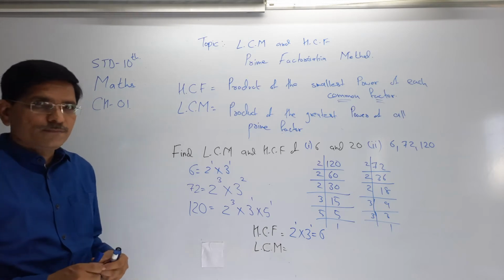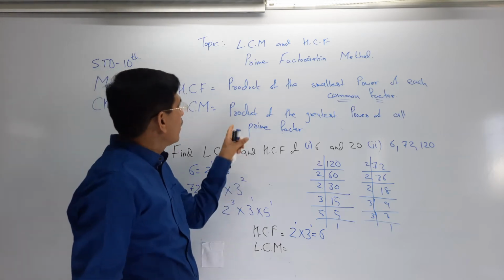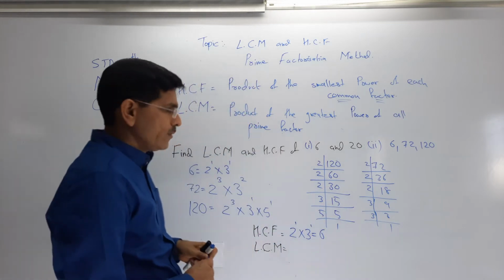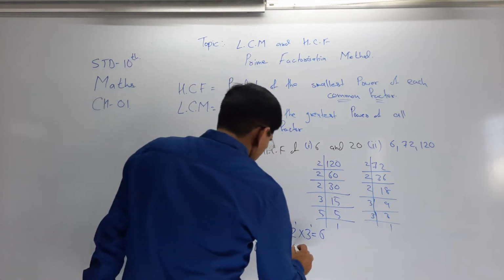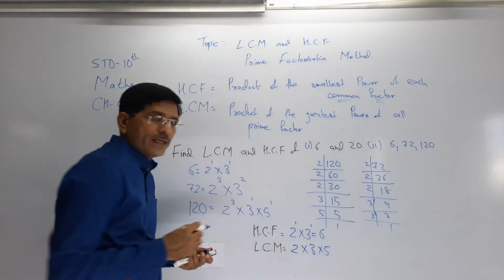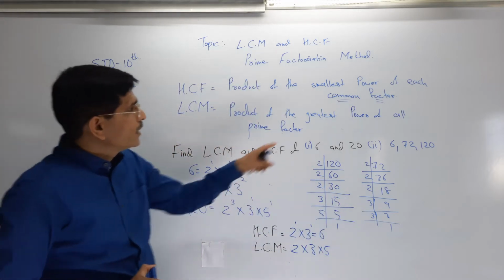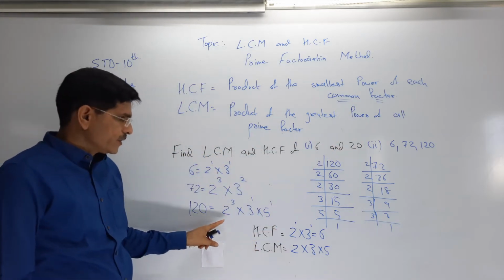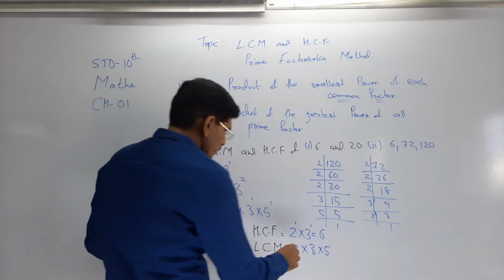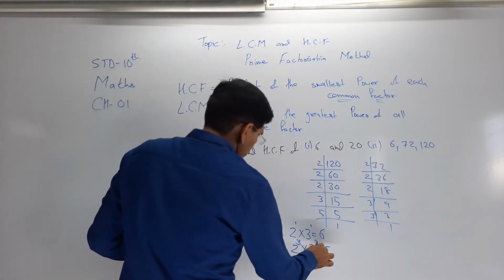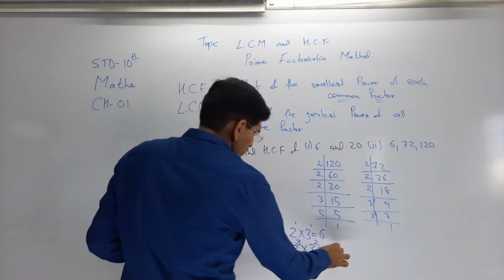Now LCM. What do I have to do? Take the product of the greatest power of all prime factors. First I write the prime factors: 2, 3, and 5. Now the greatest power: 2 to the power 3, 3 to the power 2, and 5 to the power 1.